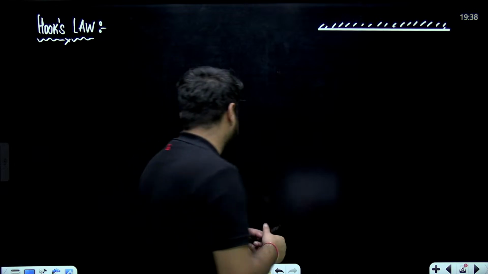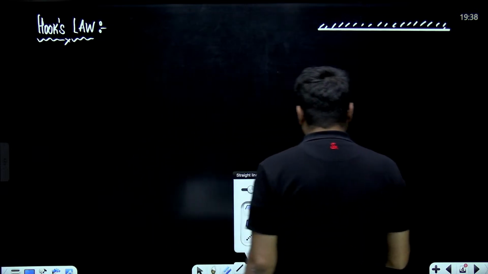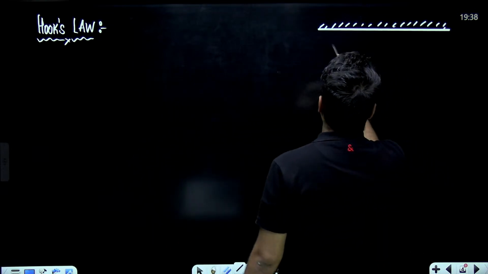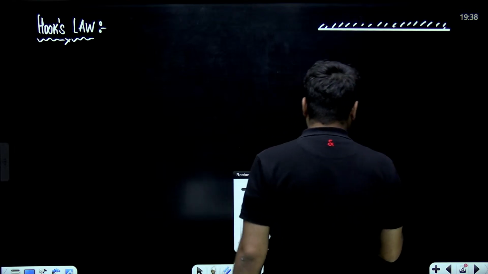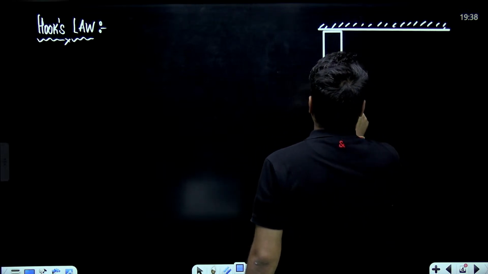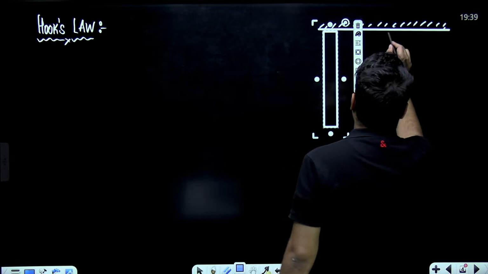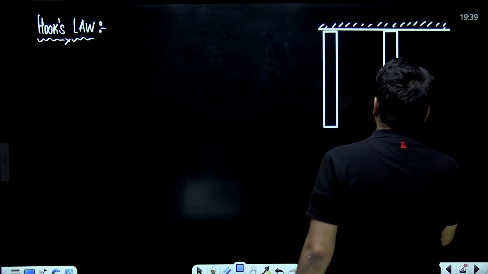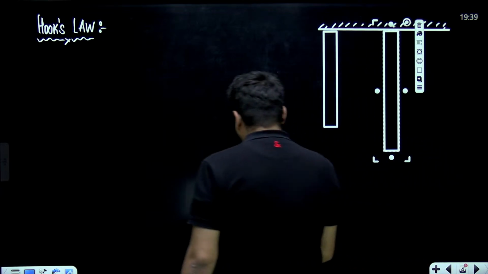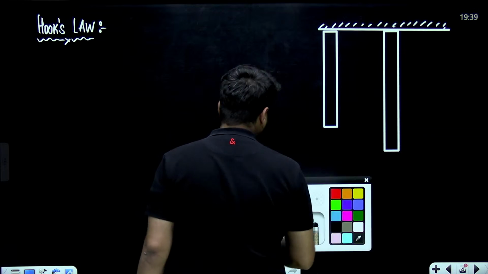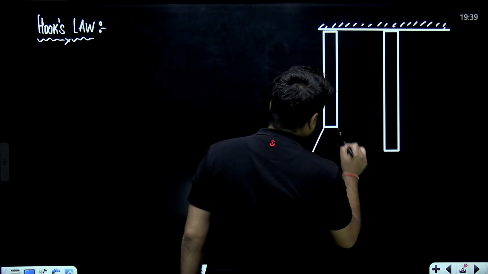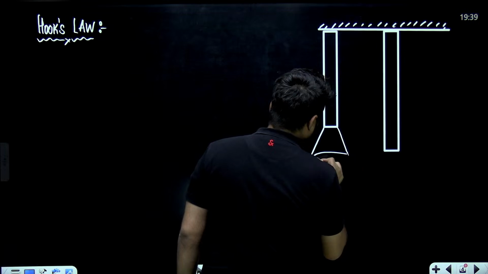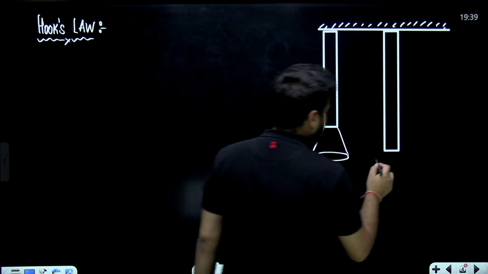They took a steel rod in two sections. They took one steel rod attached like this, and another steel rod attached. Basically it is only one steel rod, but just for the experiment's purpose, they attach a hook to it.